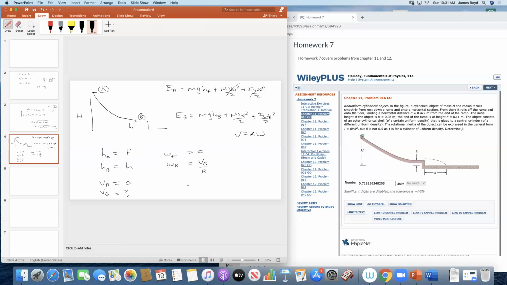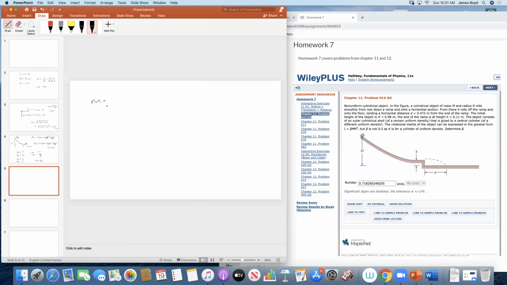And from that, if we set E_A equal to E_B, what we get is as follows. We get mg h, remember that this is h at A, is equal to mg h, which is the height at B, plus m v_B squared over 2, plus I, and instead of omega_B, I'm going to write v_B squared over R squared, over 2, okay?